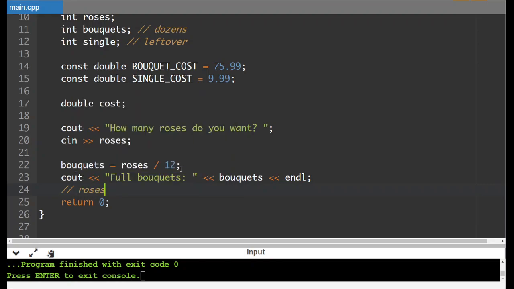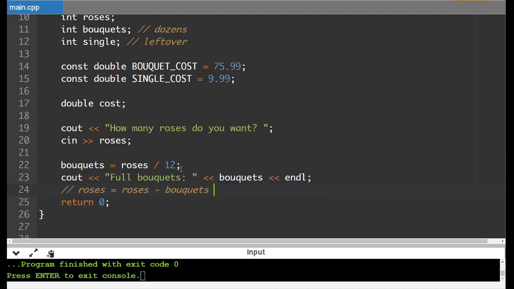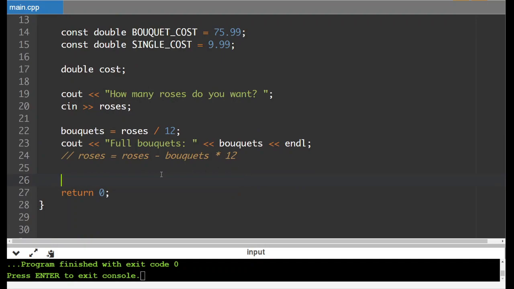So the amount of roses would be equal to the original amount, and then we subtract the amount of full bouquets of roses we had multiplied by how many were in those bouquets. So like in the case where we had 23, here we would get 23 minus 12, which would tell us that we have 11 left over. But don't do the calculation this way because it makes your code hard to read, and I really want you to demonstrate that you can use this other method.